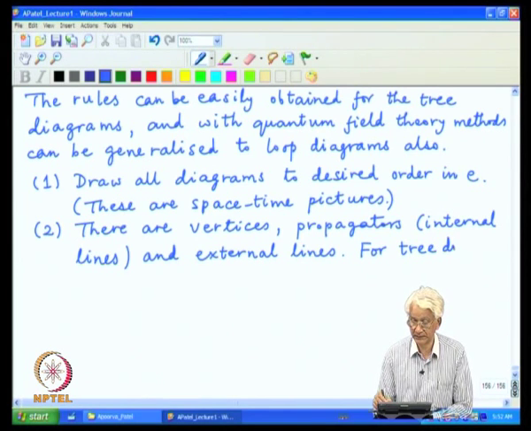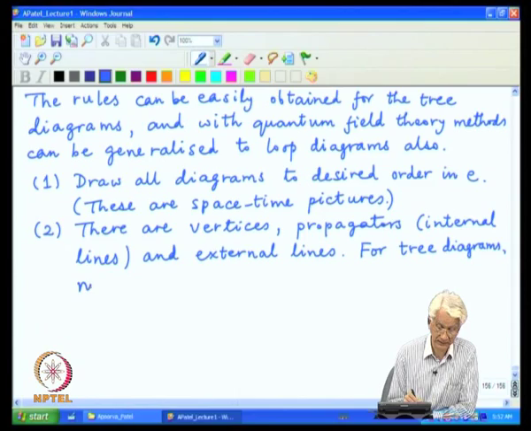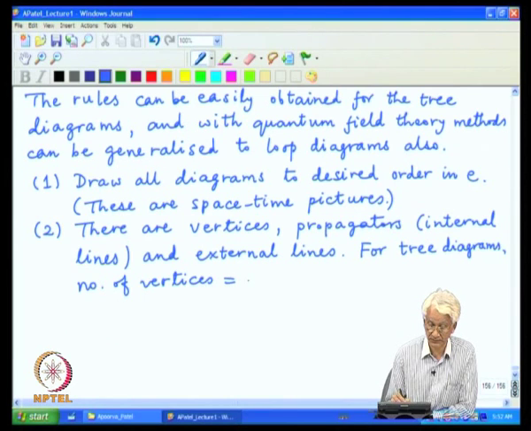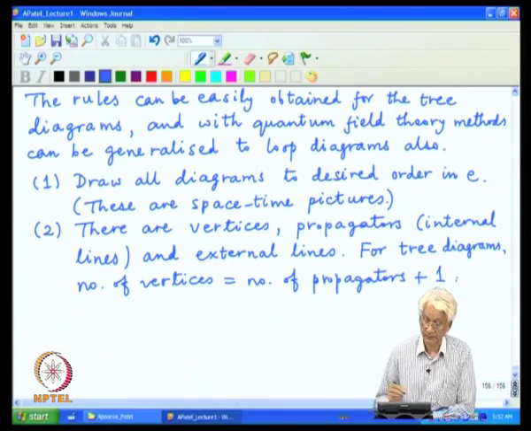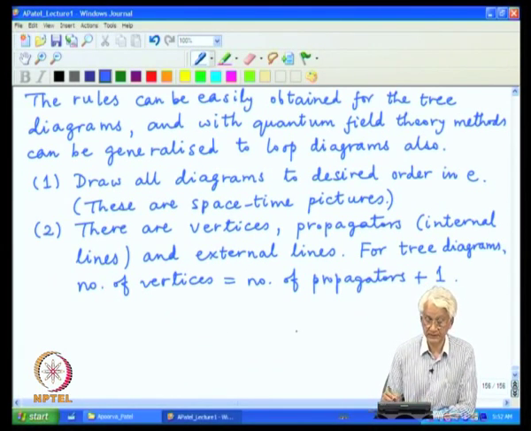tree diagrams one can easily convince oneself that the number of vertices is equal to number of propagators plus 1, and that is easily obtained from the equation which I wrote down for the scattering matrix.